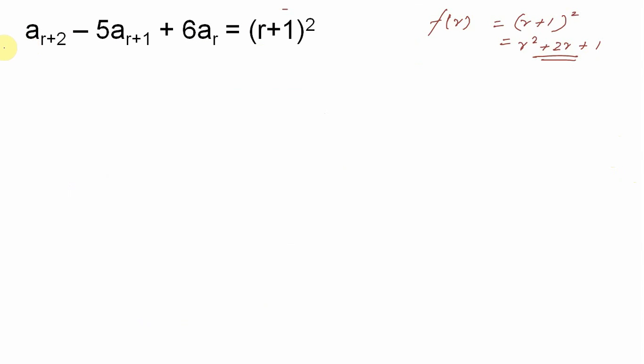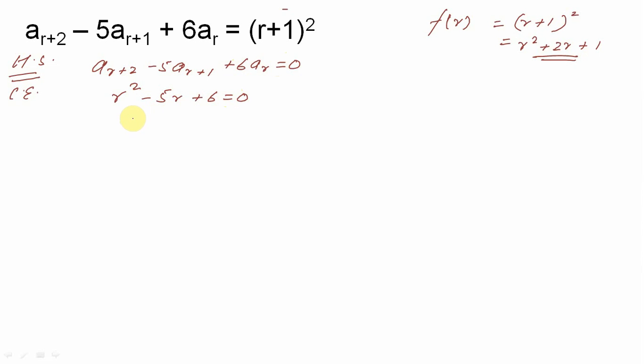Now, first of all, we have to find the homogeneous solution. For the purpose of homogeneous solution, we'll write the characteristic equation. Let us first write the homogeneous recurrence relation. That will be a_(r+2) minus 5a_(r+1) plus 6a_r is equal to 0. So the characteristic equation will be r square minus 5r plus 6 is equal to 0.